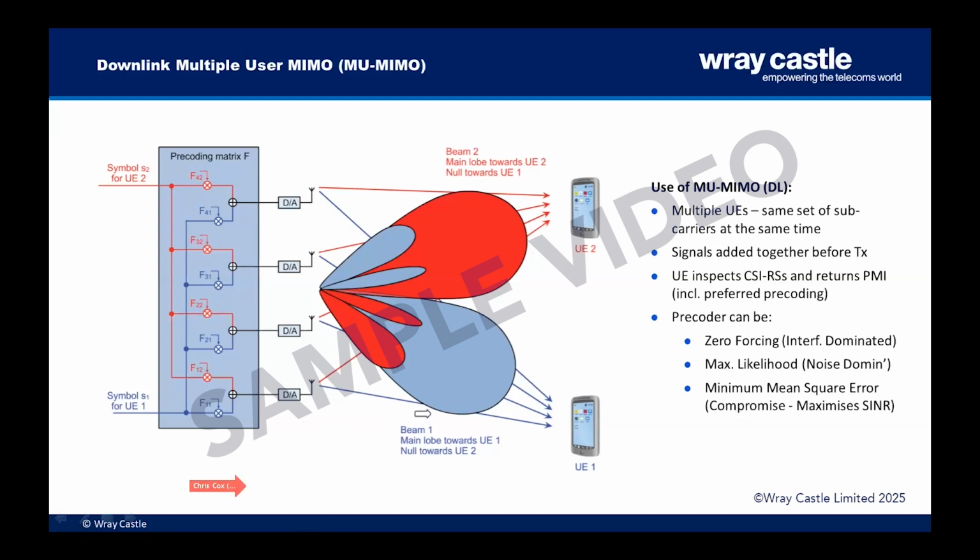In doing that, the base station will send out both of these antenna beams on the same frequency and at the same time, and will transmit those pieces of information to mobile 1 and mobile 2 on the same frequency and at the same time. And it does work, honest.